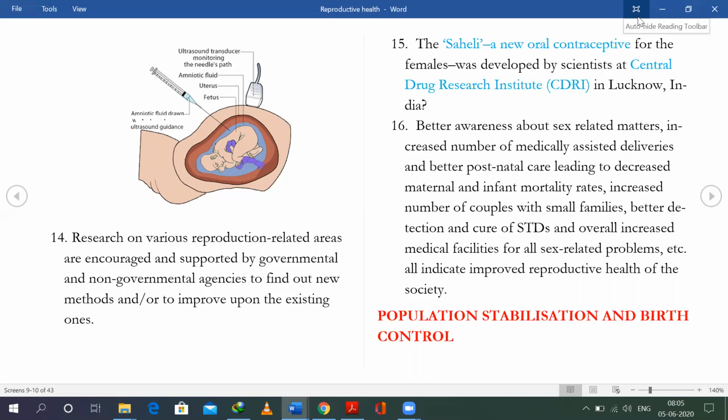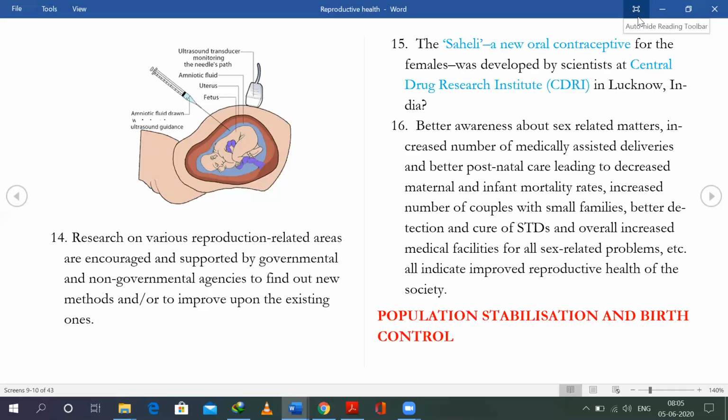Just to recap what we have discussed so far: we have seen the definition of human reproductive health, and following that the problems and strategies in Indian society as far as reproductive health is concerned. Then we tried to understand the amniocentesis procedure: why it is done, why there is a ban on amniocentesis, in which situation you can do it and where you should not.